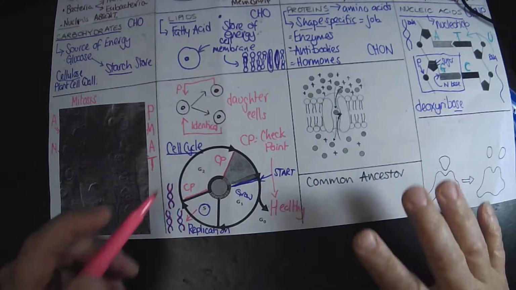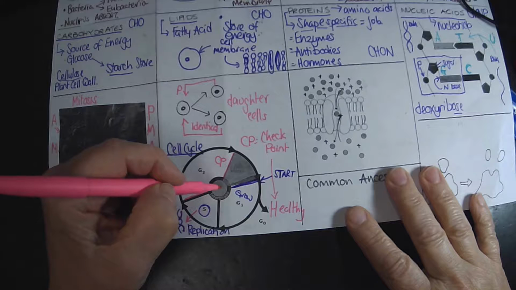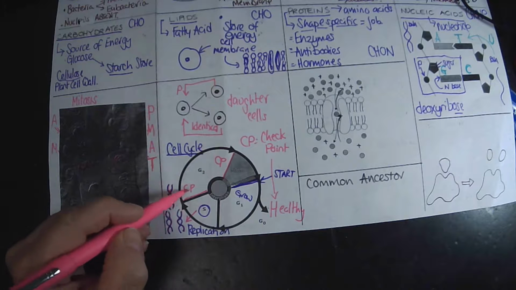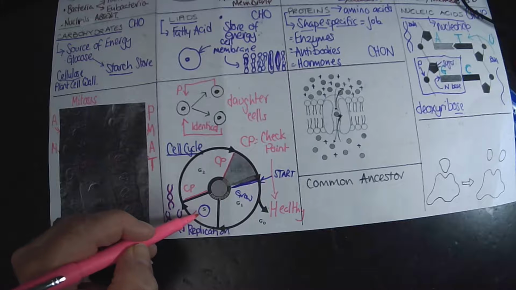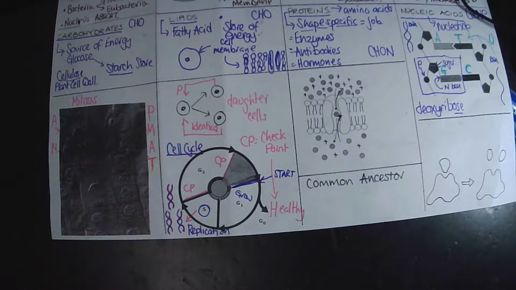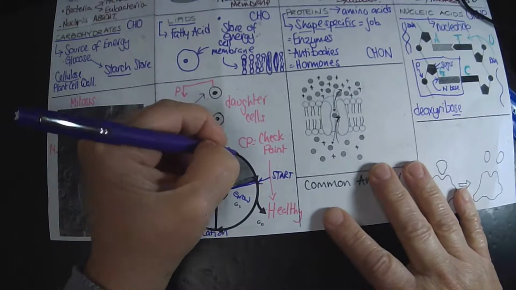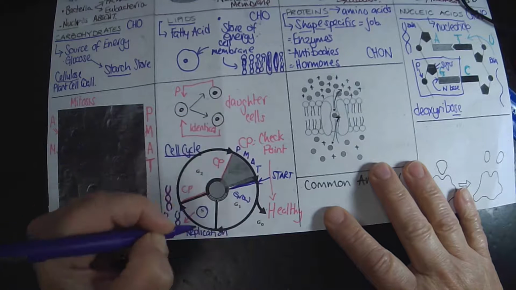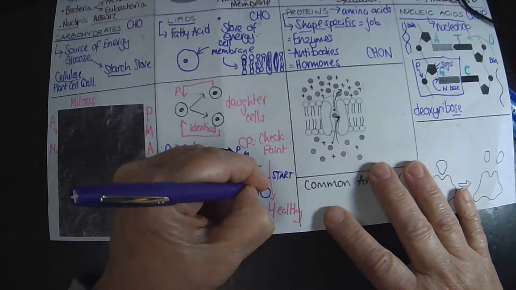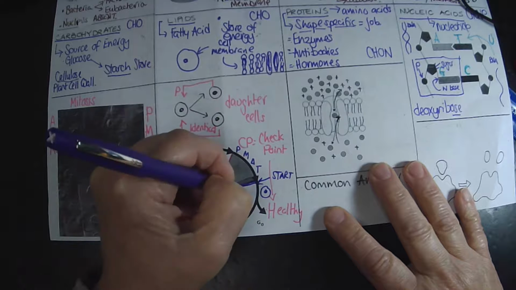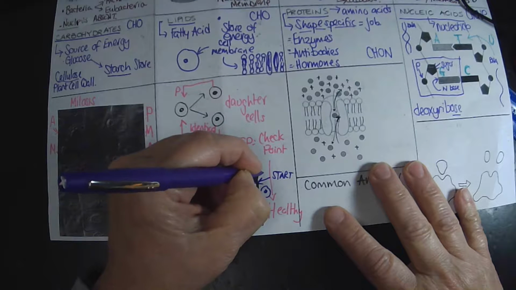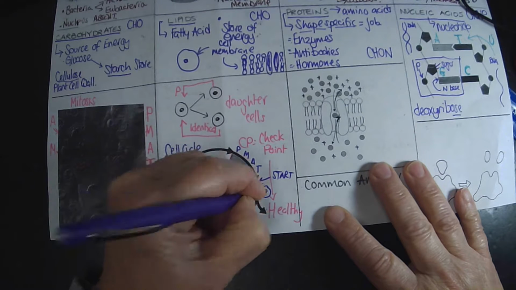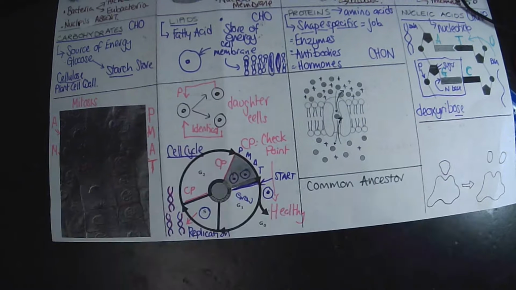Once in a while, if you remember, if it's too messed up, the cell just self-destructs. If it's something that can be fixed, they may come back over to the S phase and fix it before they move on. Then you get to mitosis. So there's your PMAT. At the end of it, if we started with one cell, we should have two cells which are identical to the one we started with.